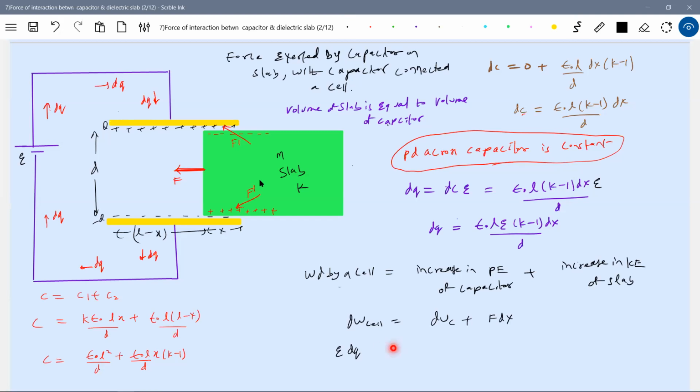Sir, how do we get the increment in energy of the capacitor? What quantity of the capacitor is constant? The potential difference, set by the cell. The energy is C E square by 2, so the increment in energy should be E square dC by 2.